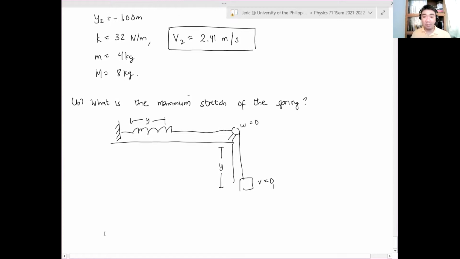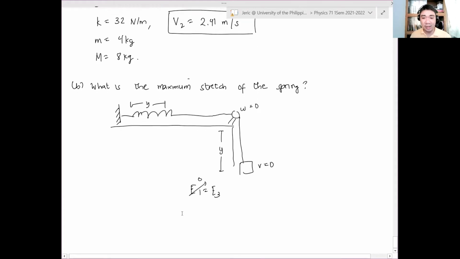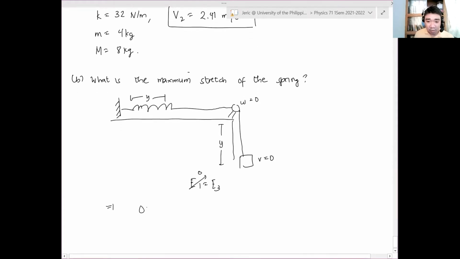And then, this is now our third state. Let's say this is state 3. State 1 is still the same as in the previous sub-problem. Therefore, I just write E1 equals E3. But we know that the total energy initially is 0. So 0 equals 1/2 small m V3 squared plus 1/2 I omega 3 squared plus mg y3 plus 1/2 k x3 squared.